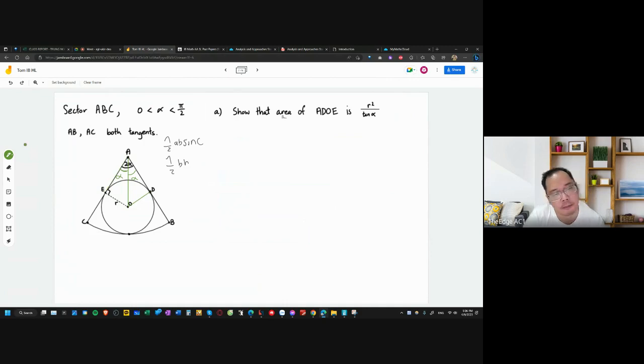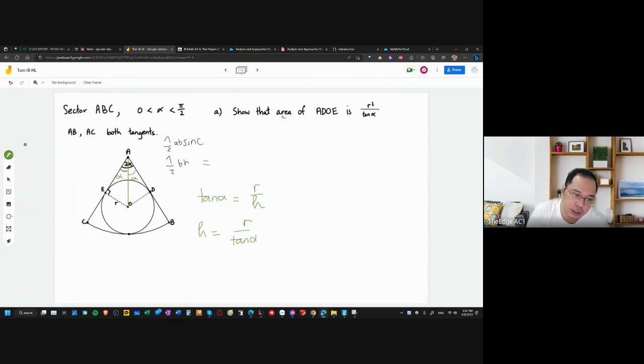We don't know AE, but we can use tan alpha, which is opposite over adjacent, R over the length AE, which is h here. So h is R over tan alpha.